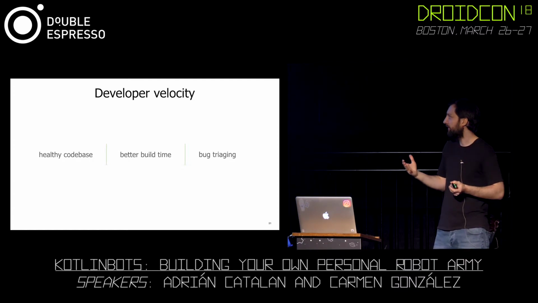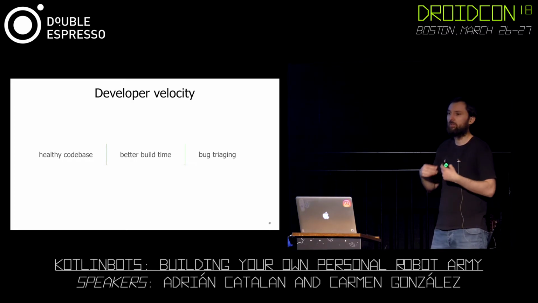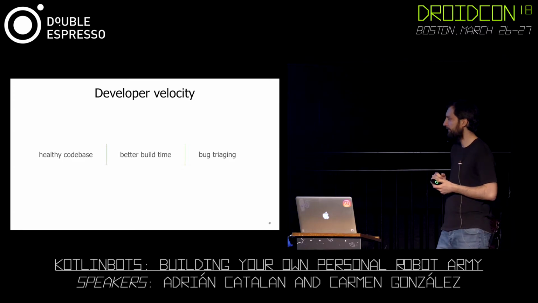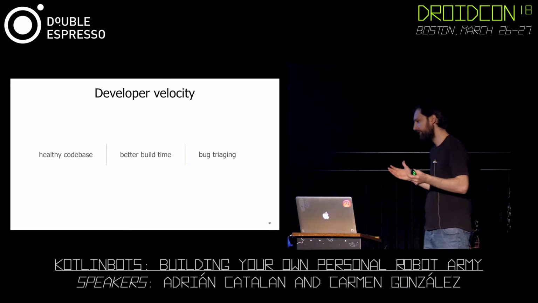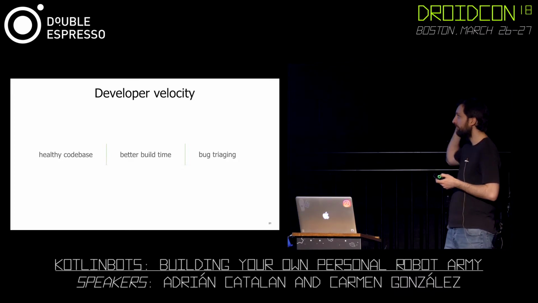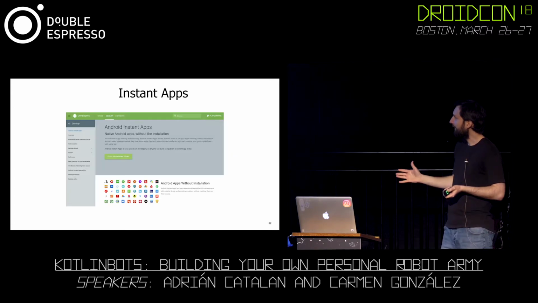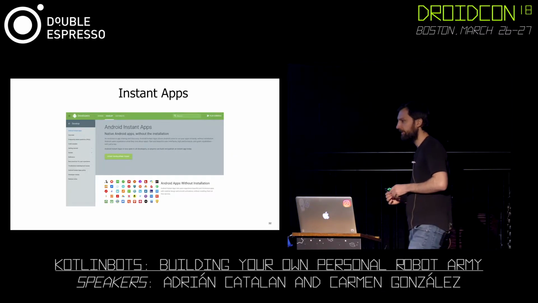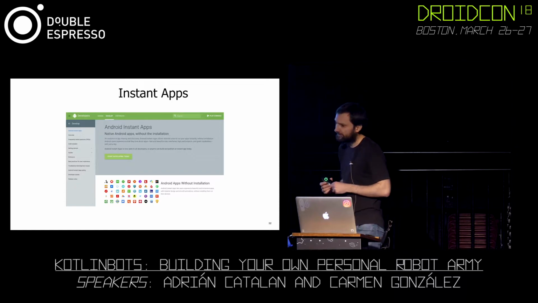You will have better build time because as you work on one feature and modify one feature, you only need to recompile this one feature to build the APK. It also may help with bug triaging, as it's easier to identify the owners of the features, the code ownership. Another reason is that we are considering approaching Google Instant Apps.